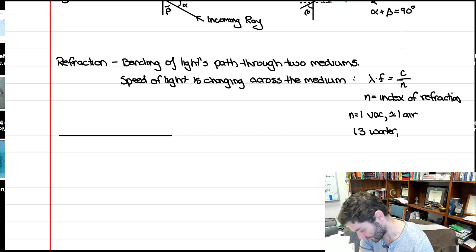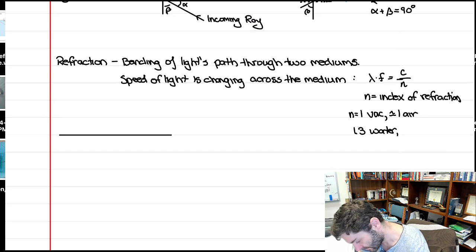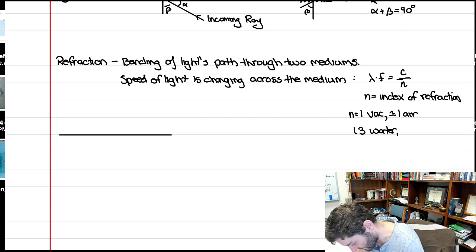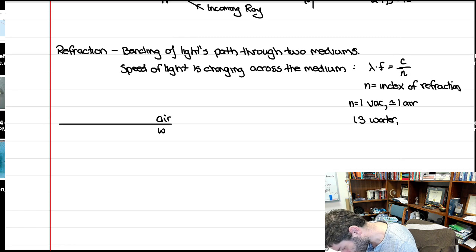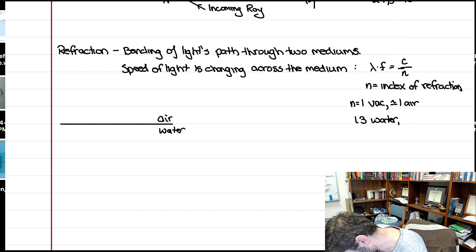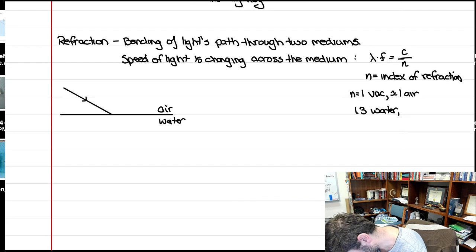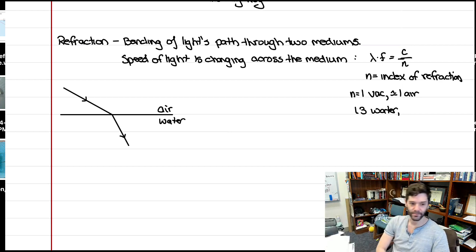Again, I'll save that for third semester. What ultimately you end up seeing is if, for example, you're going from air into water, and you have a beam of light that comes in, you see that the path ends up bending and becomes, in this case, a little bit more steep.